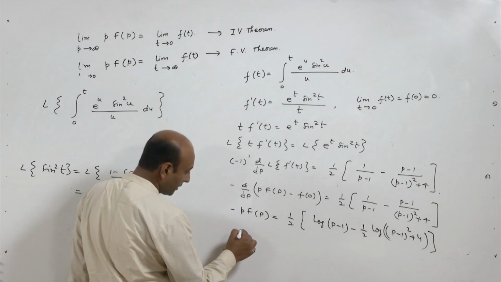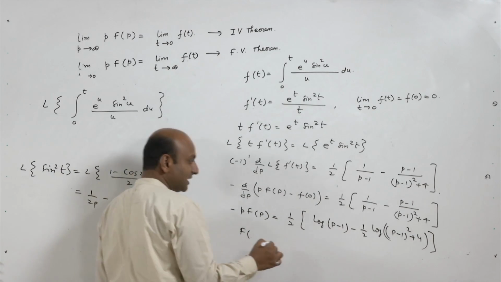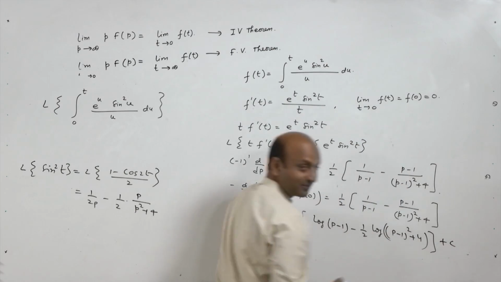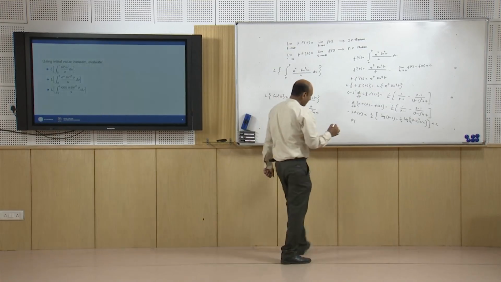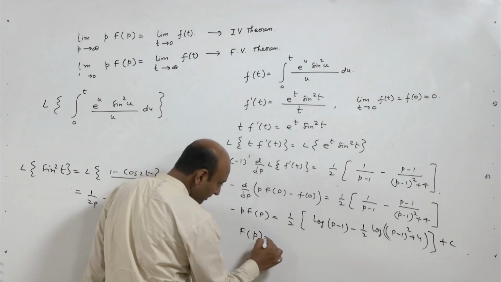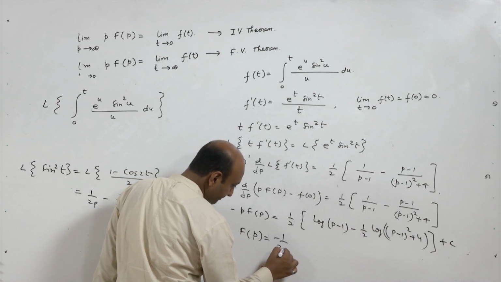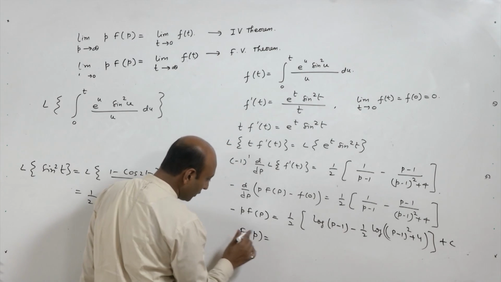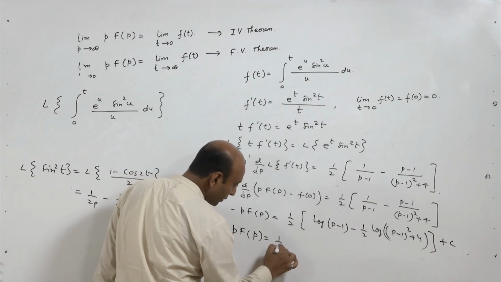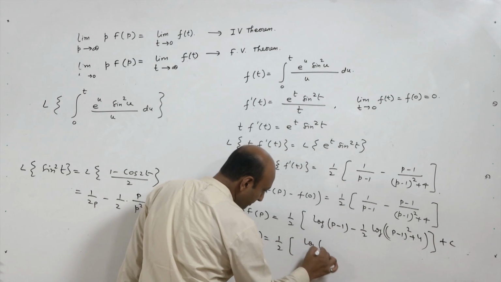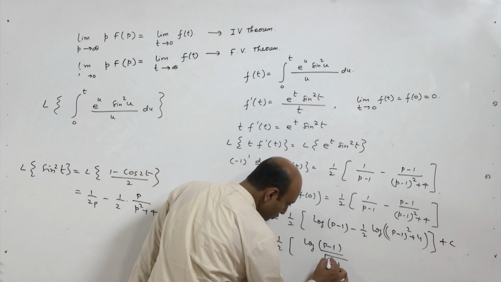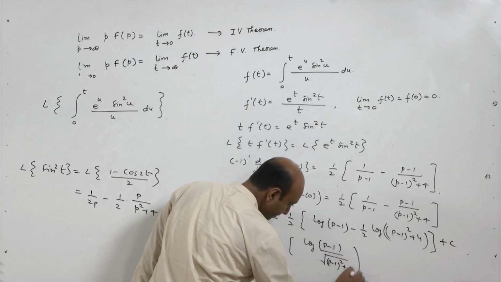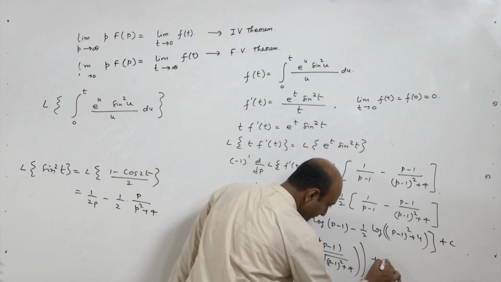So from here p F(p) is nothing but this, plus c also, because it is an indefinite integral. So F(p) is nothing but minus 1 by 2p, take p over here only, and 1 by 2 it is log of (p minus 1) upon under root of (p minus 1) whole square plus 4, and plus c.